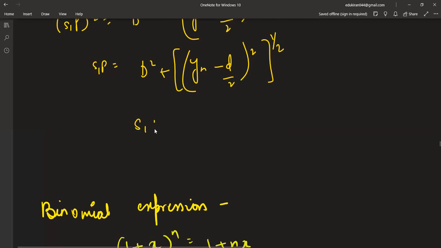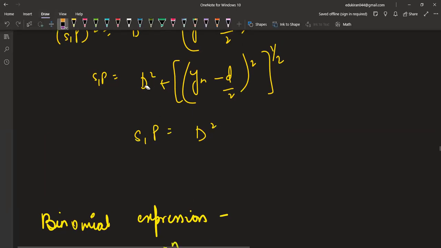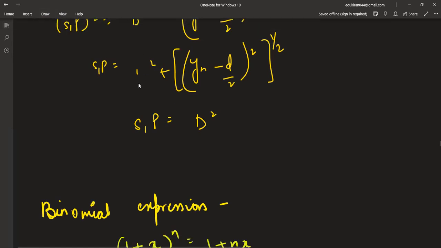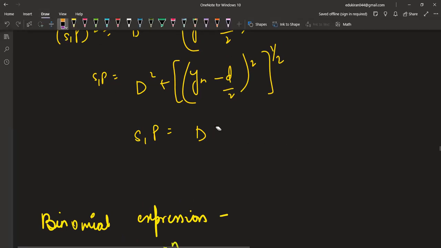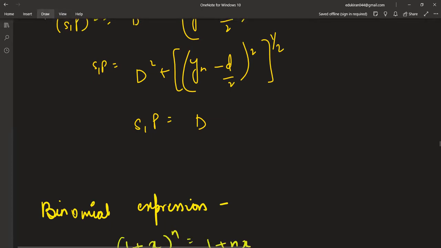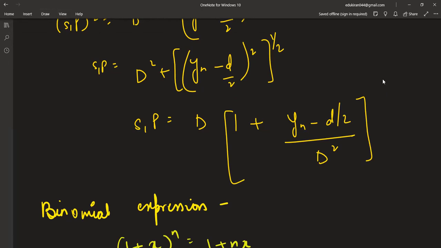So S1P is equal to, see, D square is there. D is the capital separation between both the screen and double slit. Let's take the square out, let's remove square. So if we take D square common, we'll have 1 plus yn minus d by 2 divided by D square, to the power half.